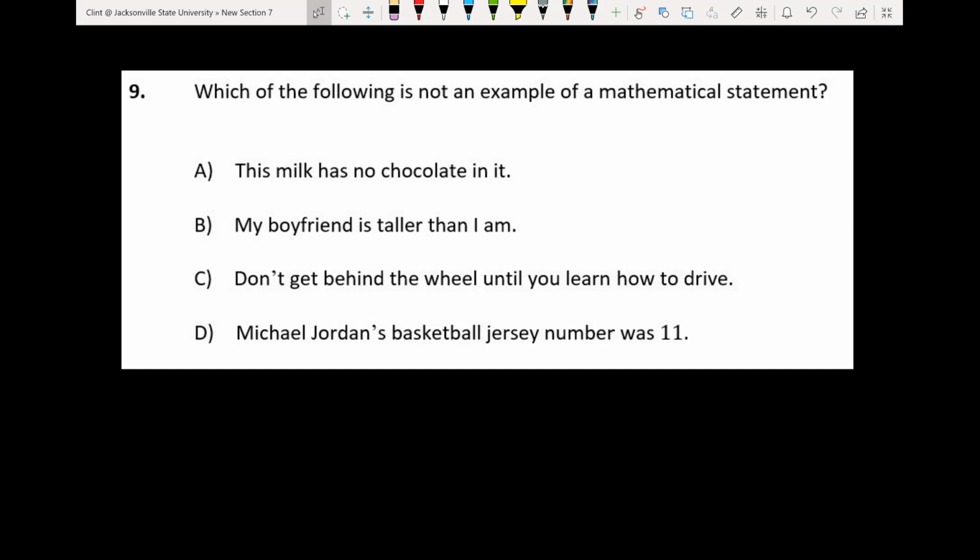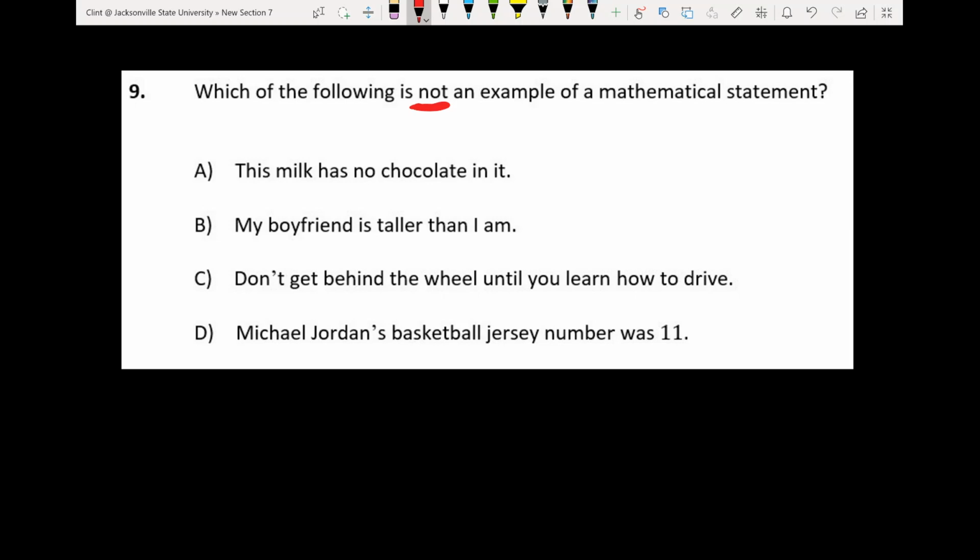Well, if we have something that is an opinion, then that's not going to be a mathematical statement. Or if we have a paradox, that's not going to be a mathematical statement. A mathematical statement is something that has a truth value. It is either true or false. So we're trying to find which of the following is not a mathematical statement.